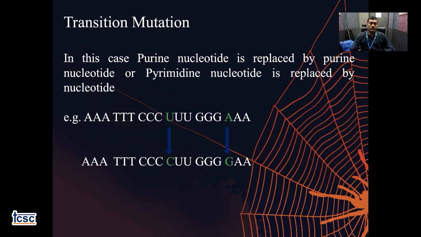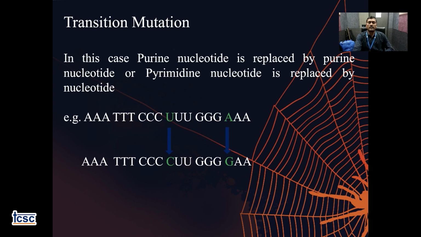Here uracil is replaced by cytosine, both pyrimidines. Adenine is replaced by guanine, both purines. That's why they are called transition type of mutation. Here is the example.